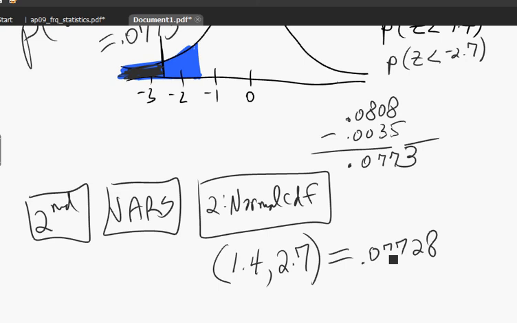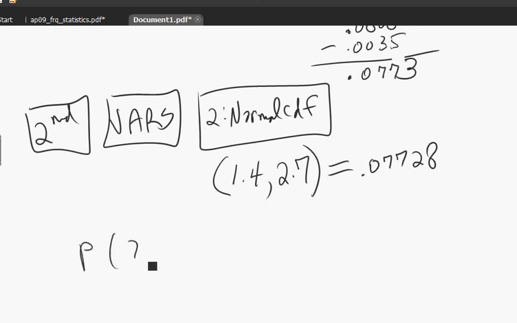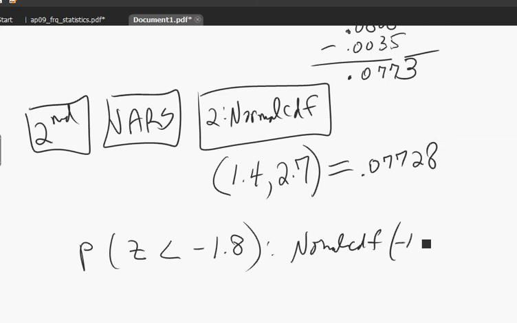How do you type in negative infinity? I would just type it in as a negative and a 1 and then put 10 zeros, and you're fine. It's enough. So if I just wanted to find the proportion of z's less than negative 1.8, I do the normalcdf: negative 1, just hit some zeros, doesn't matter how many, comma, negative 1.8, and that's close enough to negative infinity.